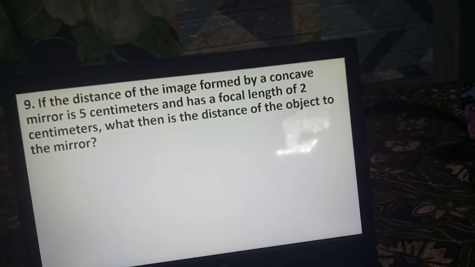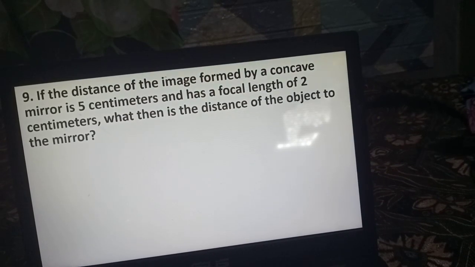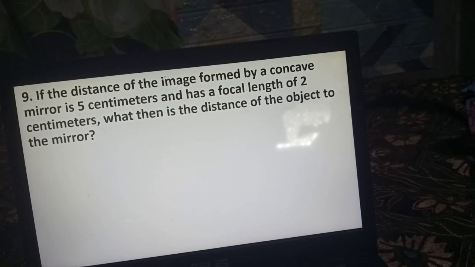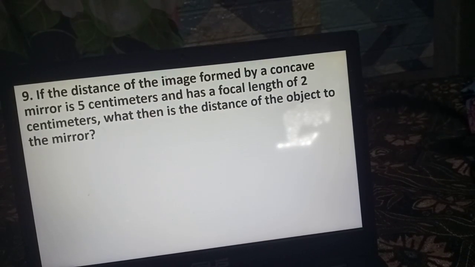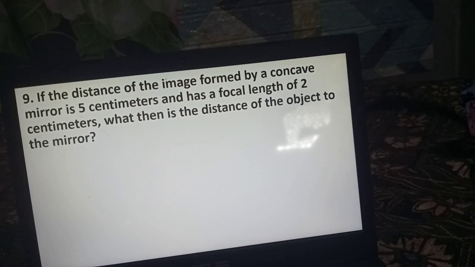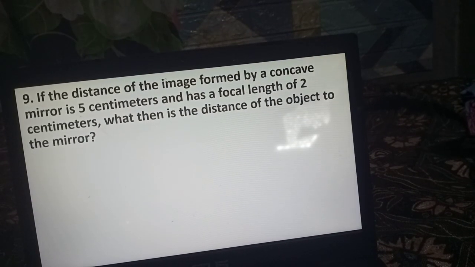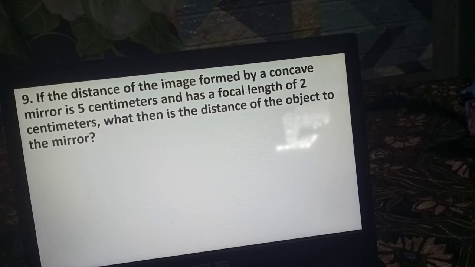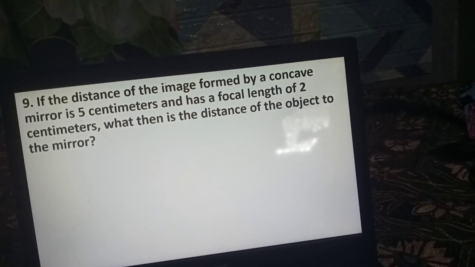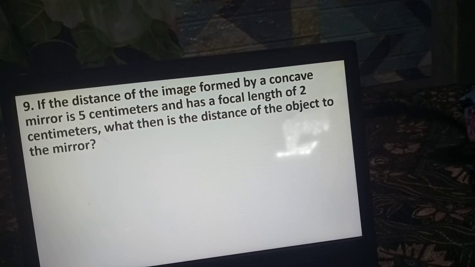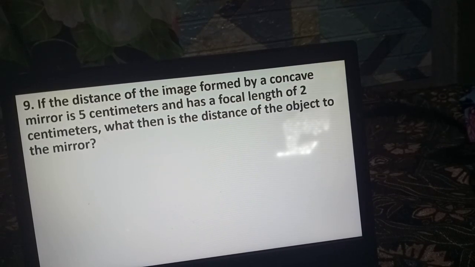Number 9. If the distance of the image formed by a concave mirror is 5 centimeters and has a focal length of 2 centimeters, what then is the distance of the object to the mirror? What formula are we going to use for this problem? Given kag focal length, you are given there an image distance, and then unknown is the distance of the object or DO.